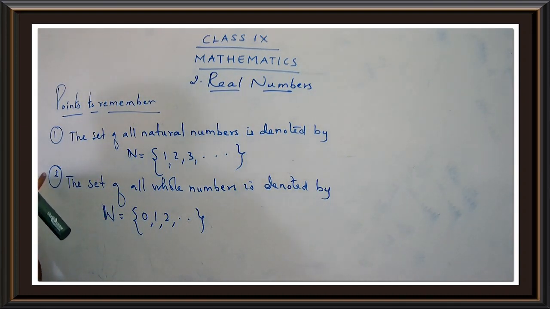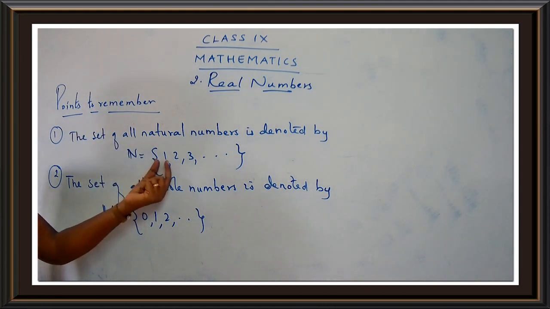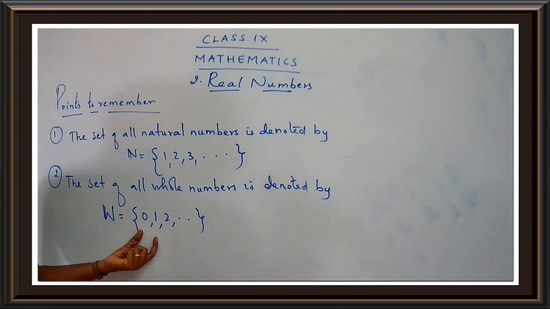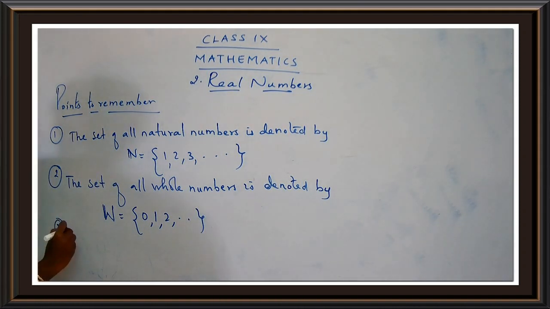It starts from 0. So the smallest natural number is 1 and the smallest whole number is 0. Be careful, children. What is the smallest natural number? It's 1. And what is the smallest whole number? It's 0. And we just cannot talk about the greatest natural number. It goes to infinity. And again, when you talk about the greatest whole number, it goes to infinity.